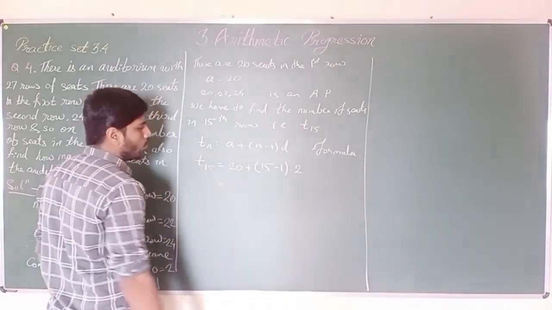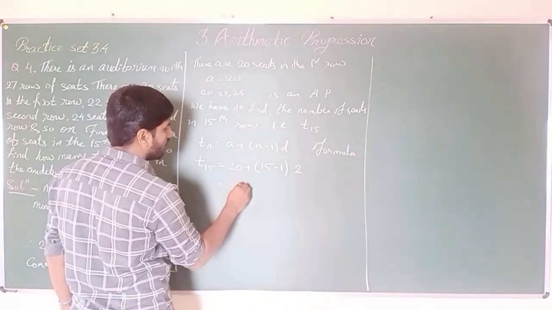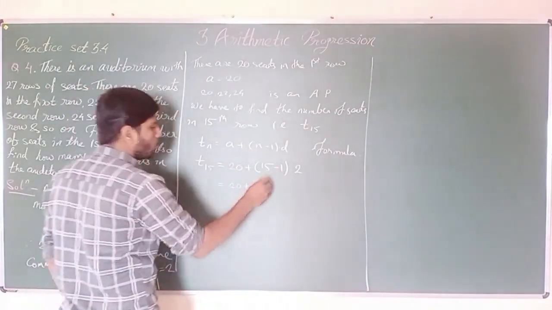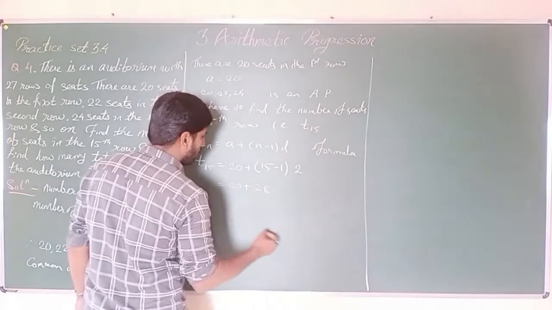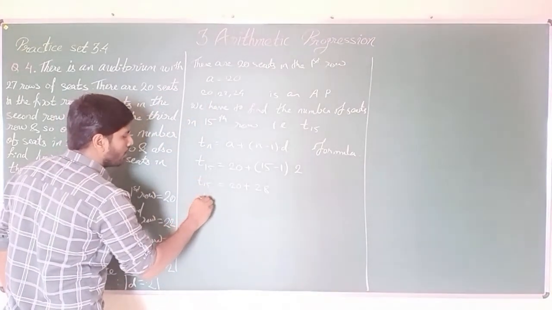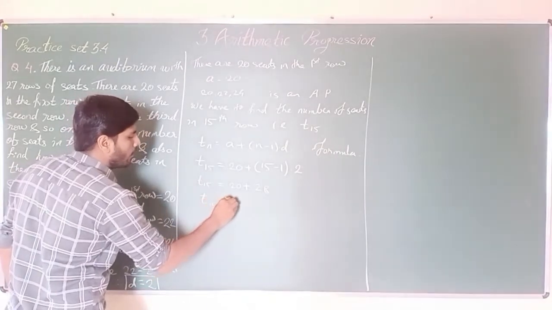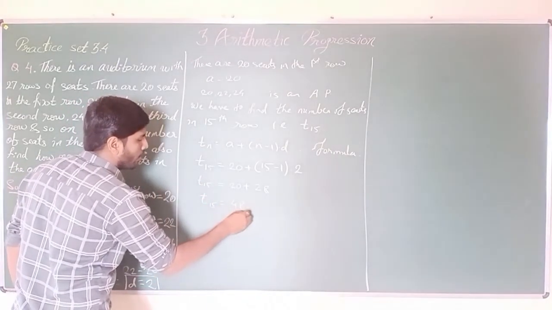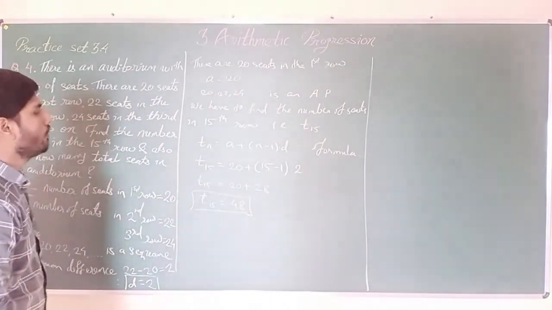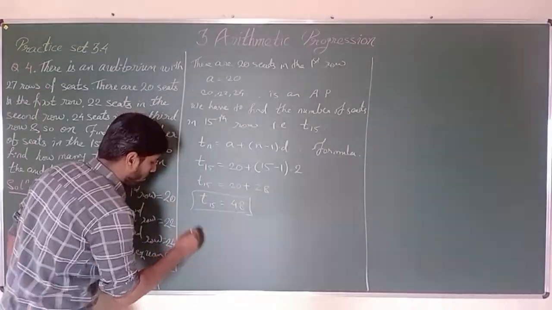Now this will be equal to 20 plus 15 minus 1, so this will become 14. 14 2s are 28. 28 plus 20 is 48. Therefore the number of seats in the 15th row are 48.